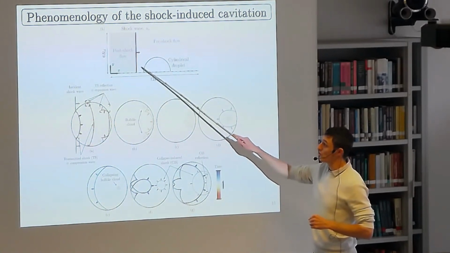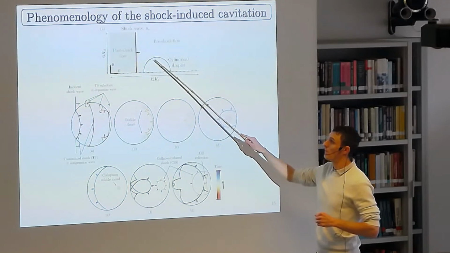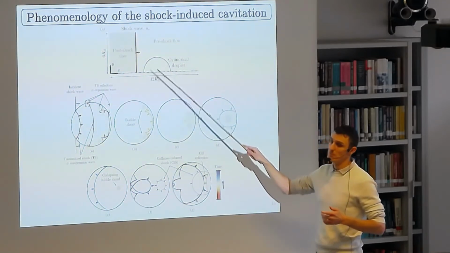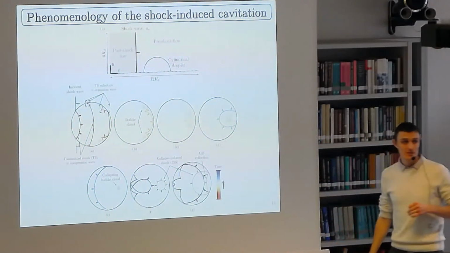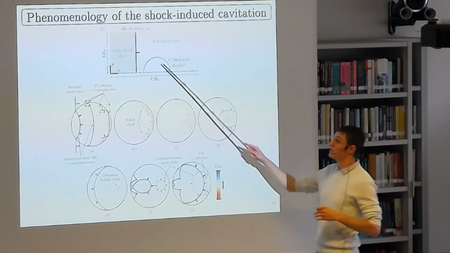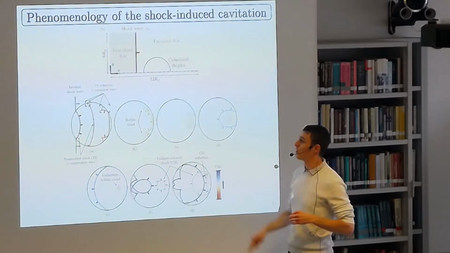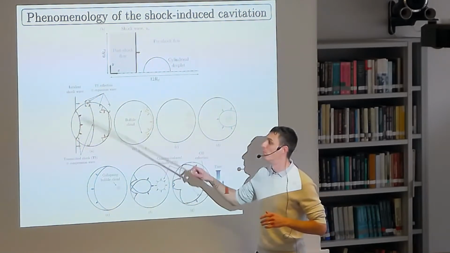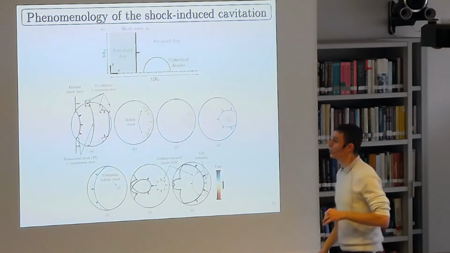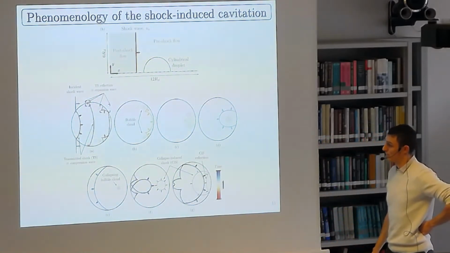So when you send a shock wave, because of the impedance differences, a big part of the energy bounces back off the droplet. We don't treat the outer part, the reflected shock wave.